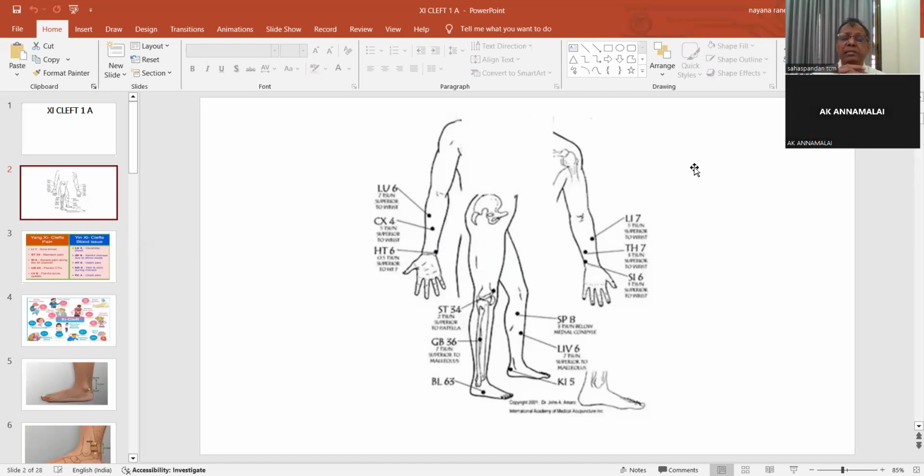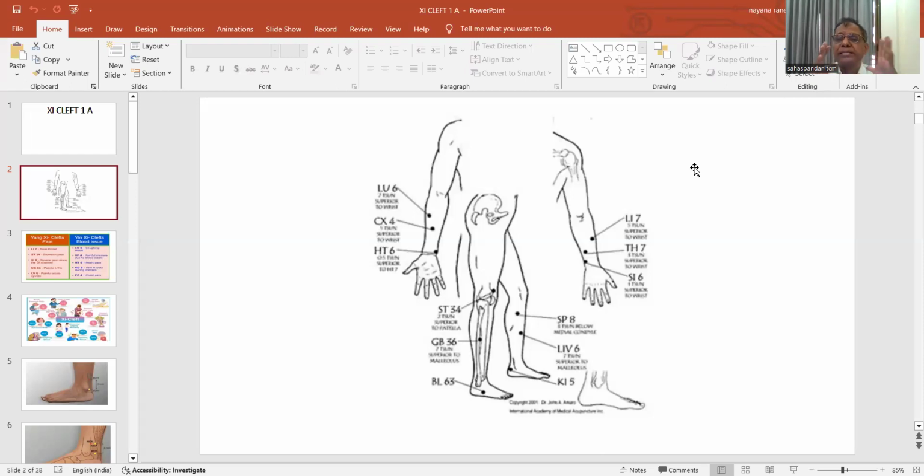Okay. In the lower extremities, in the foot, the yang meridians are bladder, gallbladder, and stomach, and each meridian has its Xi-cleft point: in the urinary bladder meridian UB63, in the gallbladder meridian GB36, and in the stomach meridian ST34.